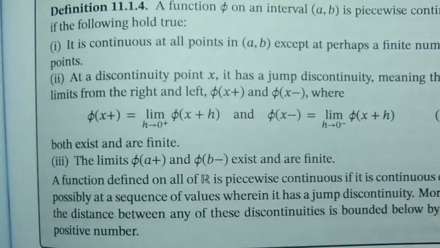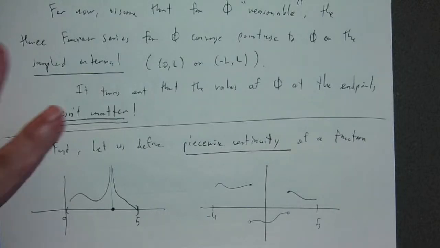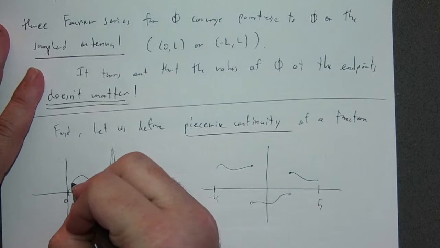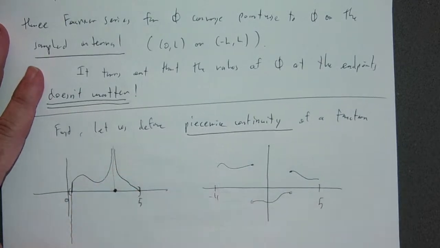Okay, so that's the other thing. So this sort of behavior is not allowed at the ends either, right? So we can't have something like this happening at one of the ends.